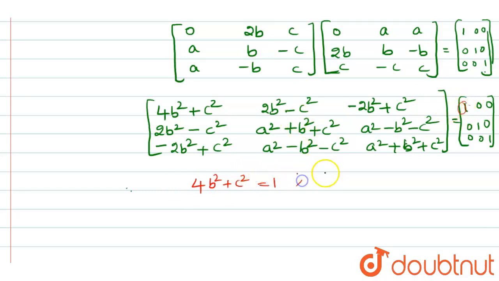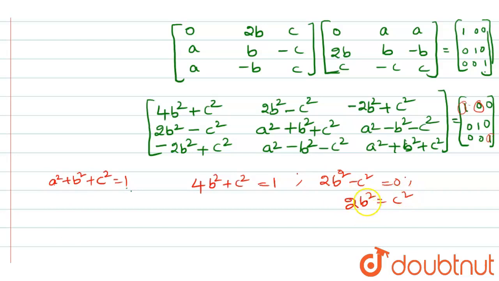At the same time, 2b square minus c square equals 0. And a square plus b square plus c square equals 1. So the next step: 2b square equals c square.